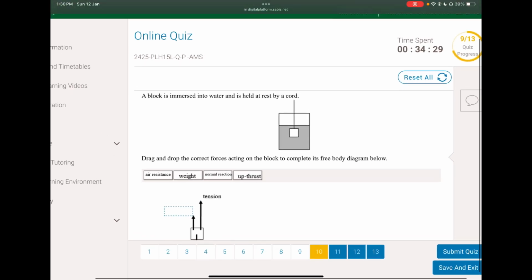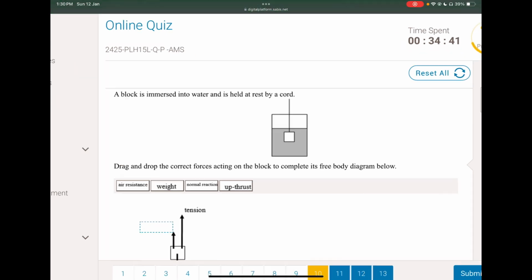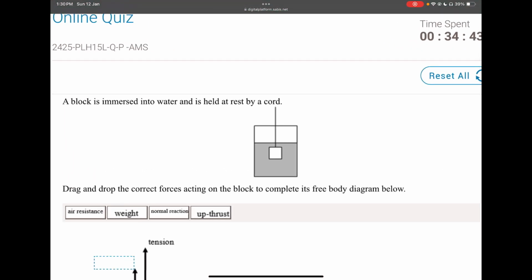Okay. A block is immersed into water and is held at rest by a cord. Drag and drop the correct forces acting on the block to complete its free body diagram below. So they're giving you this, and what forces act on a block immersed into water and held at rest by a cord?